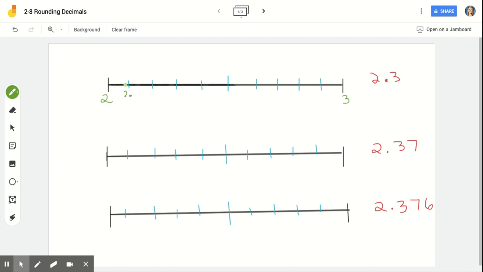So one piece out of a total of 10 would give me 1/10. So 2 would stay as our whole number, and then the decimal, one piece out of a total of 10. If I were to keep going, I would have 2 2/10 here, 2 3/10 here, sorry, that's a 2, and then 2 4/10 and 2 5/10. I'll go ahead and label that.